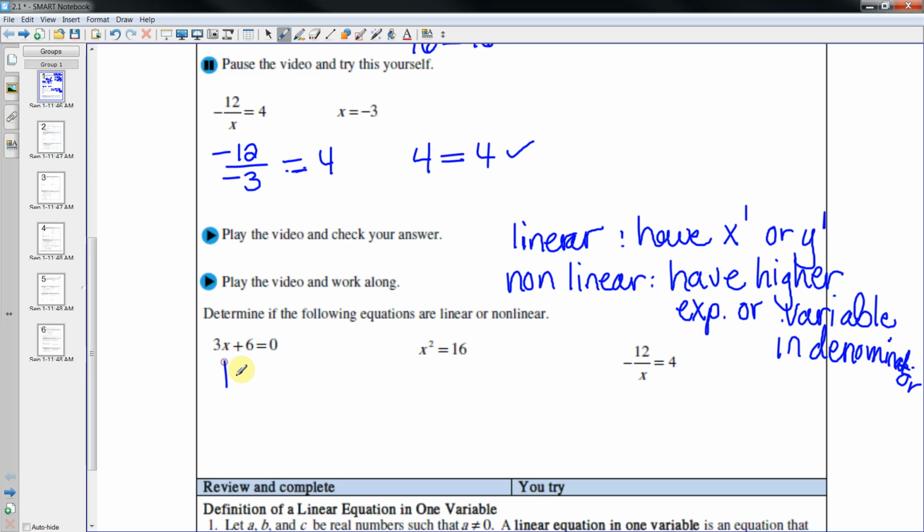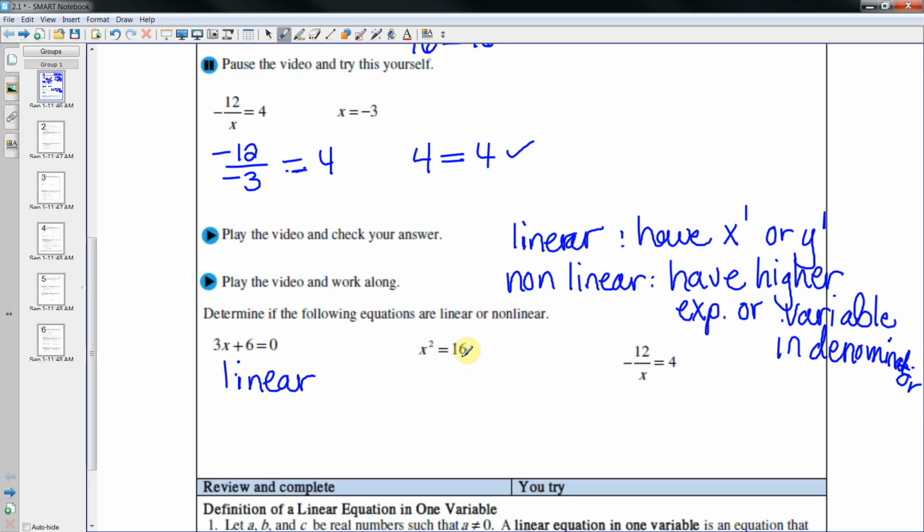3x plus 6, this would be linear because it is a 3x to the 1 plus 6. What nonlinear and linear means is that if we drew a graph, the graph would be a line. So if I drew the graph, which we're going to do in the following chapter, for 3x plus 6 equals 0, I would have a line on my graph.